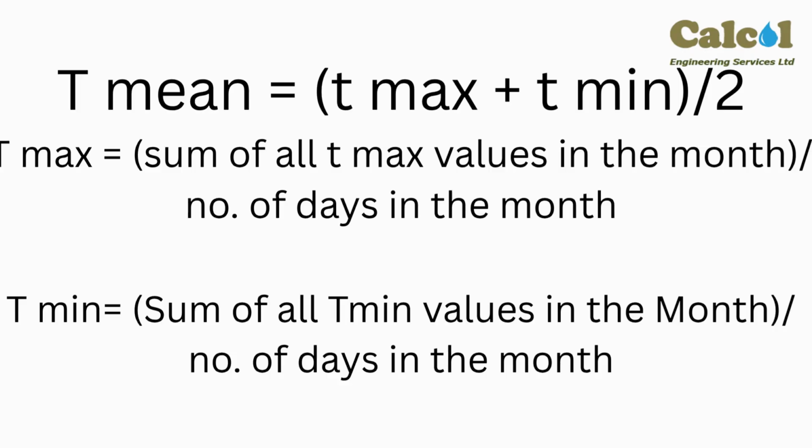Then T min is the summation of all the minimum temperature values in the month, again divided by the number of days of the month. So that is how you determine the ETo.